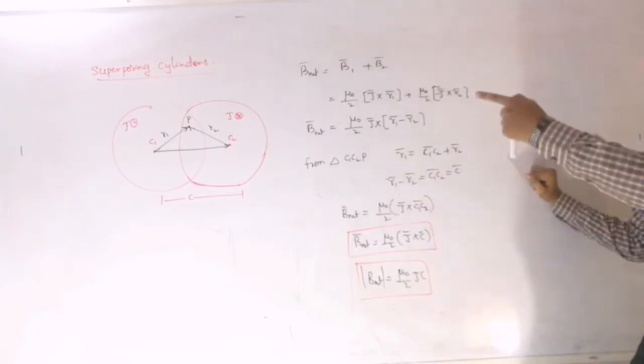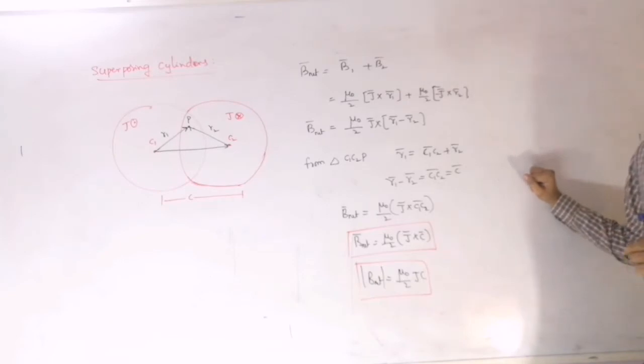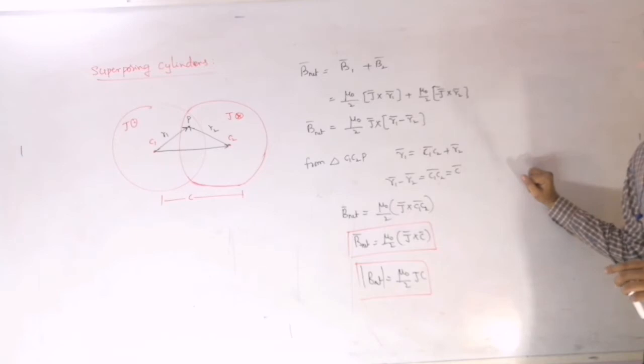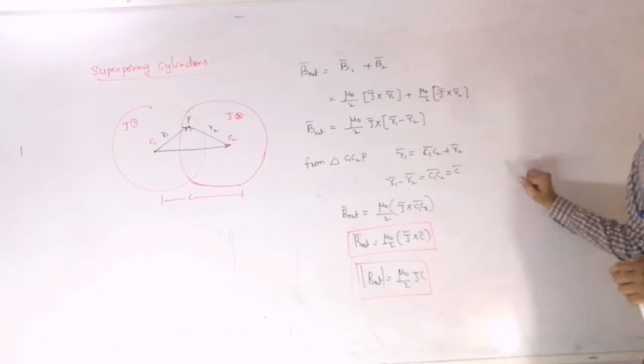C1 and C2 are the centers of those cylinders, or axes of those cylinders. But it only depends on the distance between the axes of the two cylinders.